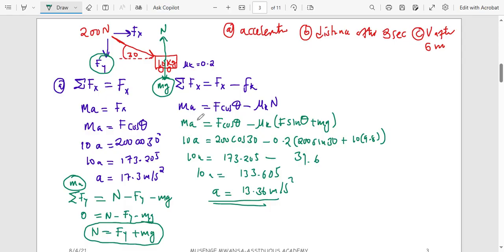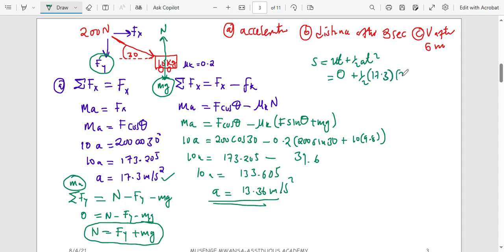Okay, good. So to find the distance, we've already talked about it, after 3 seconds. Distance is equal to ut plus half at squared. Still, this object will be starting from rest, so the initial velocity is going to be 0, then plus half the acceleration. If we are talking about the first time when there was no friction, we'll use that 17.3.